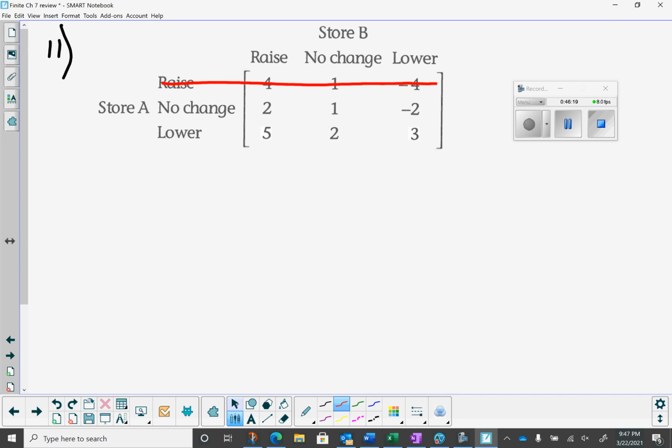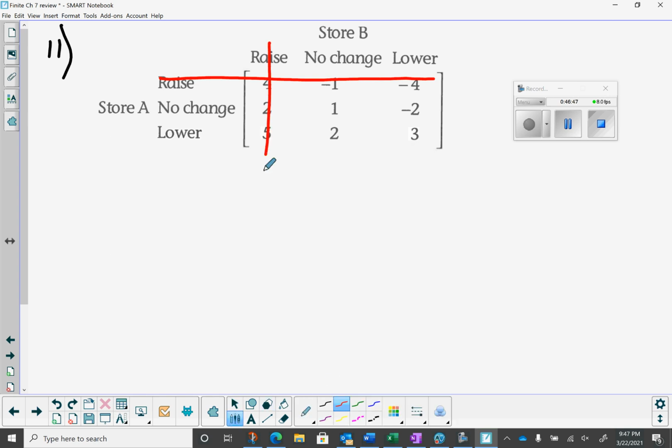If we keep them the same, sorry, I kind of drew right through that negative sign there, didn't I? If we don't change and they raise their prices, we're actually going to gain customers. If we don't change the other 2 scenarios there, we lose, but we're not losing as much. And if we in fact lower prices, 2 out of the 3 scenarios there, we win.